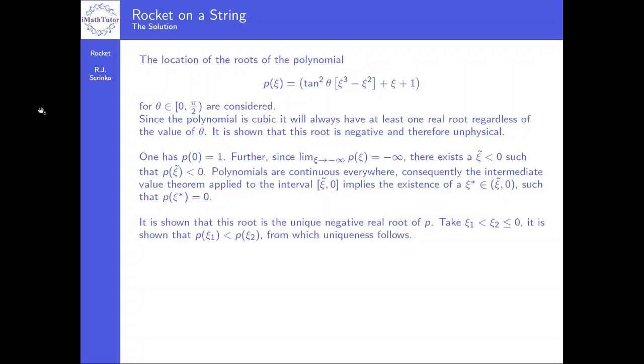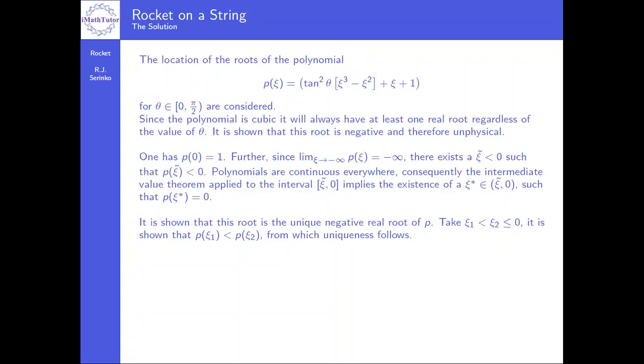So we're going to take z1 less than z2 less than 0, and we want to show that p of z1 is less than p of z2, so that on the interval from minus infinity to 0 we have a strictly increasing function.